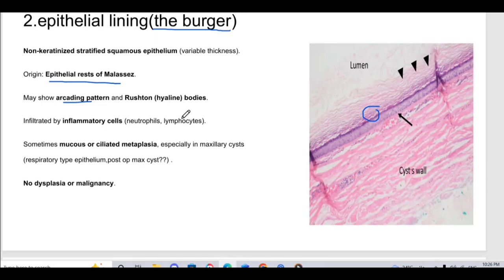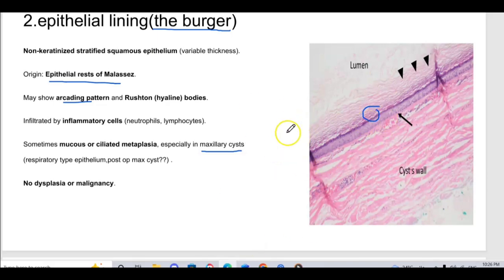Sometimes, on some rare occasions, this non-keratinized stratified squamous epithelium can undergo metaplasia, can change its shape or its form, and this usually happens in the maxillary cyst case. If it's very close to the maxillary sinus, this epithelial lining can change to another epithelial lining.